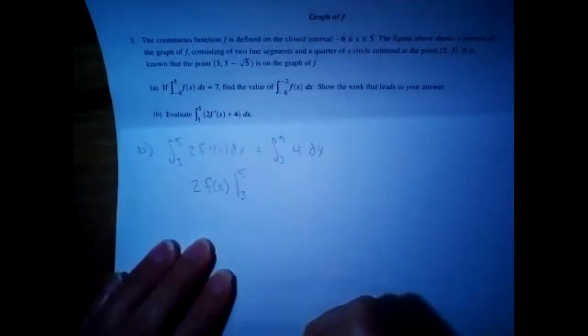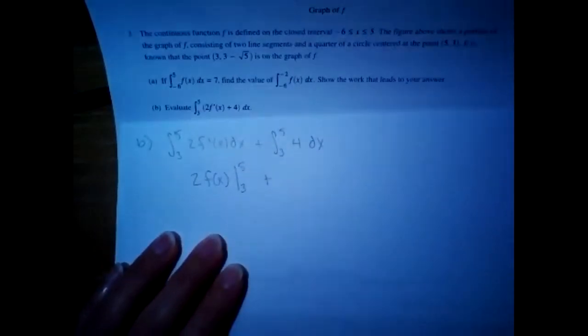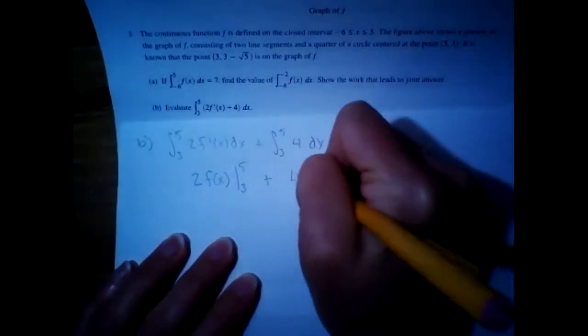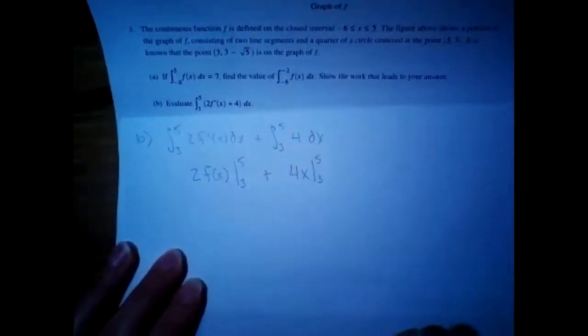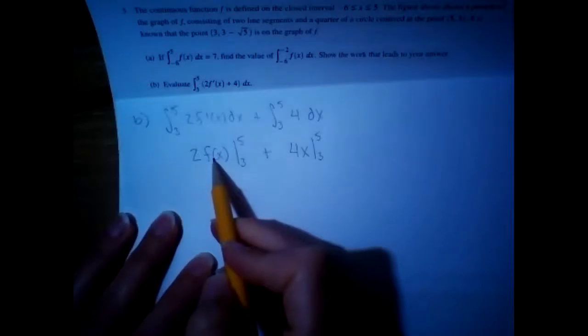And such that 3 to 5. We're kind of doing this as a part A and a part B problem here. So antiderivative of 4 would be 4x, and then such that 3 to 5. Upper boundary minus lower boundary. So just need to evaluate these. So plugging in 5, 2 times f of 5. Now we got to get that from the graph here.